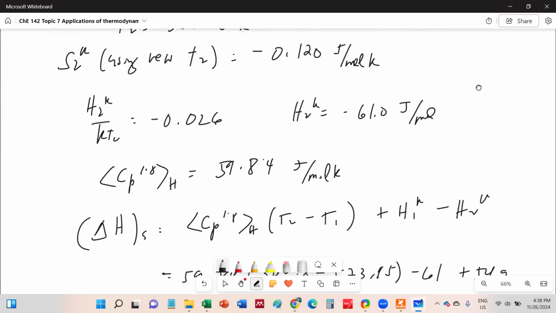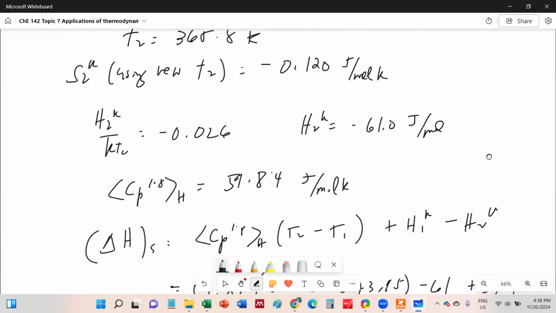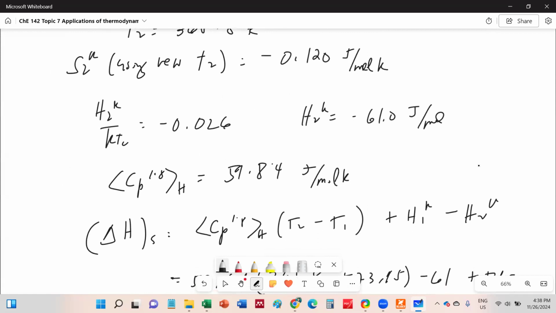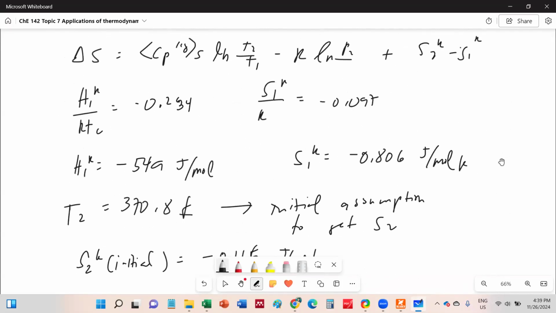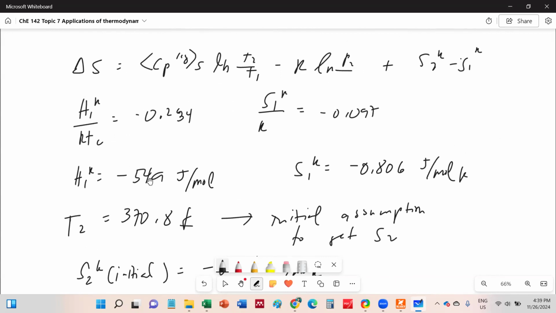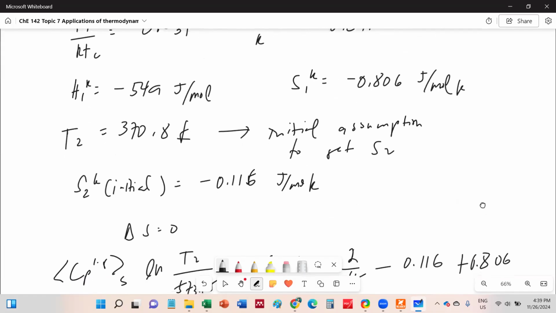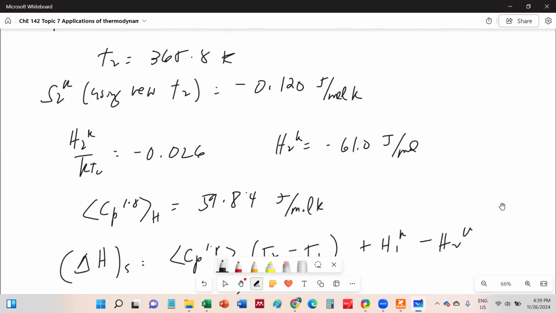Let me double check that. H1 is here, negative 549. I think there's a mistake in the signs.